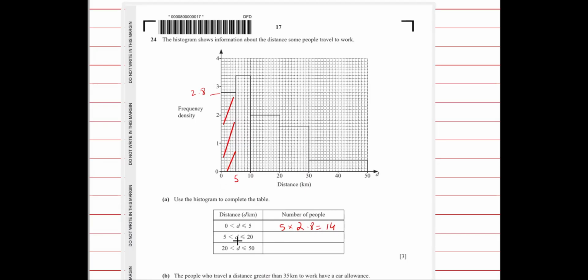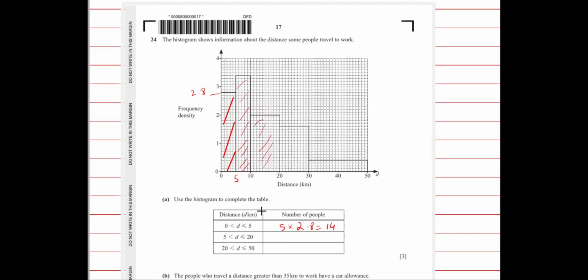Next, we have to calculate the number of people who travel the distance 5 to 20 kilometer. We will take the area of the bars against the interval 5 to 20. Look here, here are two bars. This is the first bar and this is the second bar.